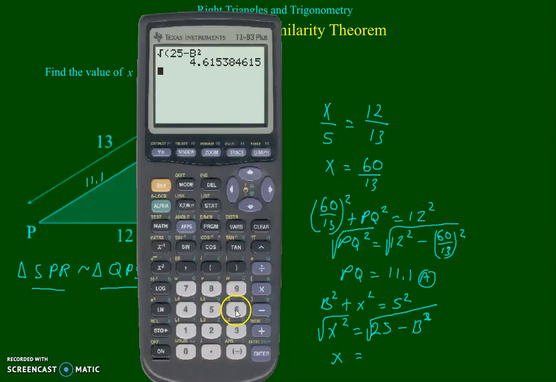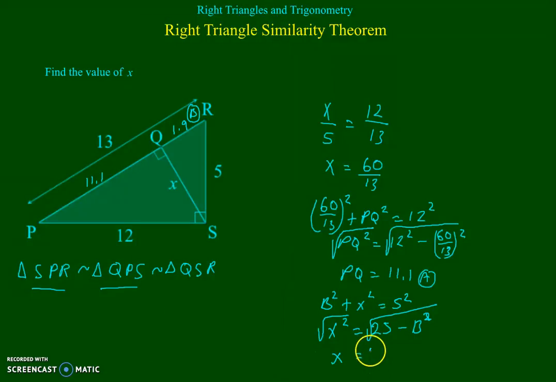And if we look at 60 divided by 13, it's the same value. So it works. So we get approximately 4.61. So our value for x is 60/13. That wraps up this part. In the next session, we'll start a new topic.